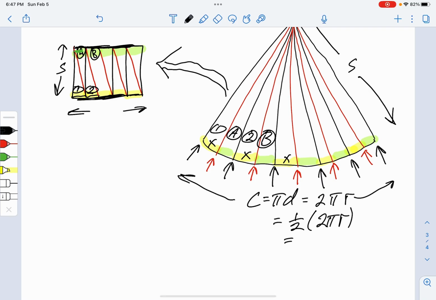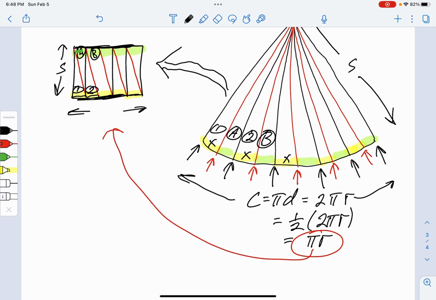If I do that, that is simply pi r. So take this value here, and up we go. Write that in. There is pi r.